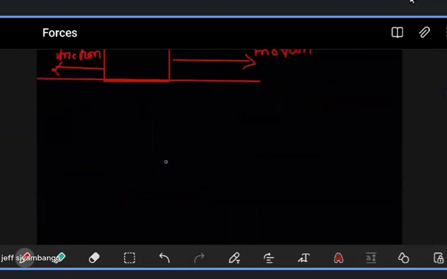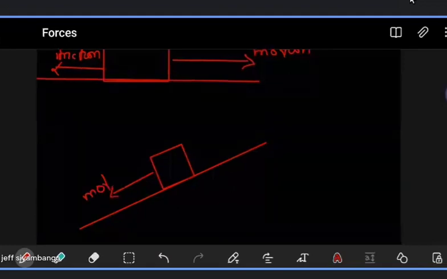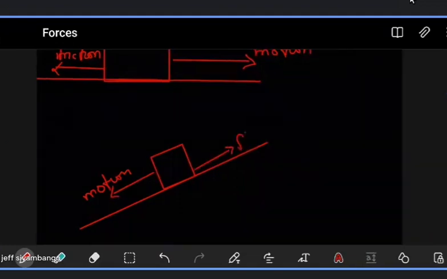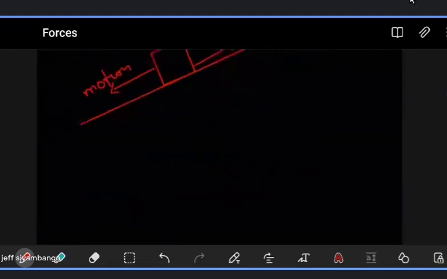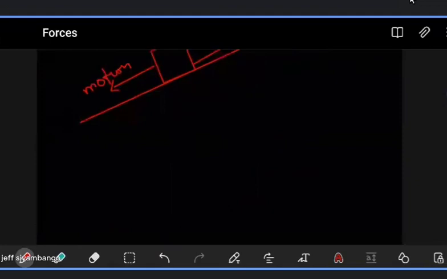If you have an object that is, let's say, on an inclined plane, and the object is sliding down the inclined plane, then friction will point backwards. So every time when describing friction, just ask yourself, the question will always give you a hint where the motion is.